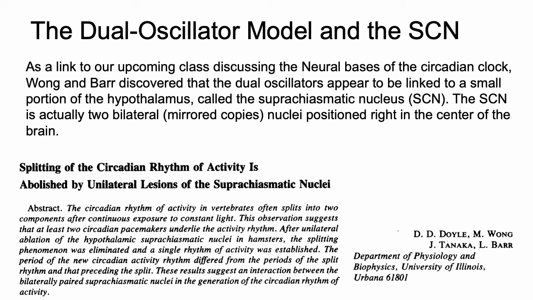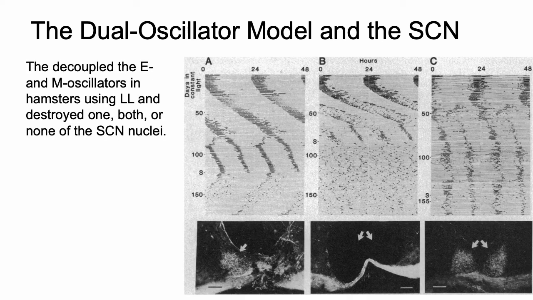And so in this interesting experiment, Wang and Barr had hamsters that were exposed to constant light, a light photoperiod, because they wanted to induce splitting.